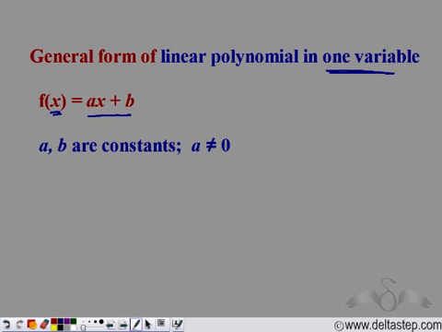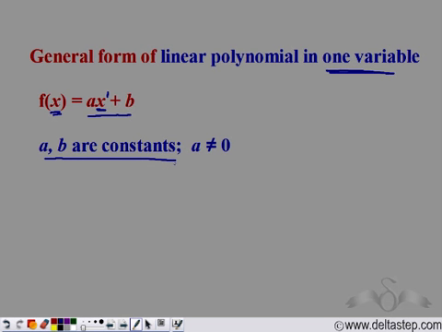We just have one variable x and the highest power of x is 1 here. a and b are constants, whereas x is a variable. So a is the coefficient of x, it is a constant, and b is also a constant. Note that a cannot be 0 here.